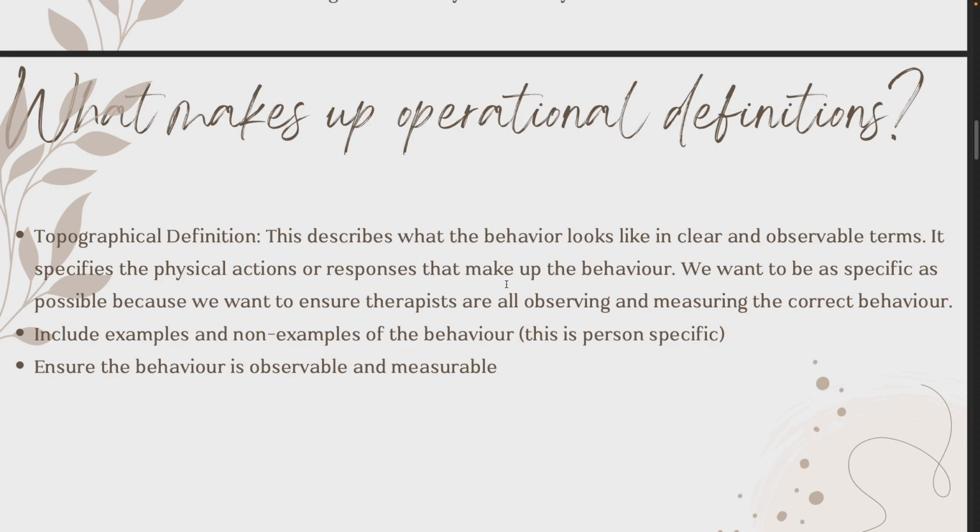Topographical. Okay, this means that we describe what the behavior looks like in clear and observable terms. It specifies the physical action or responses that make up the behavior. We want it to be as specific as possible because we want to ensure that therapists are all observing and measuring the correct behavior.